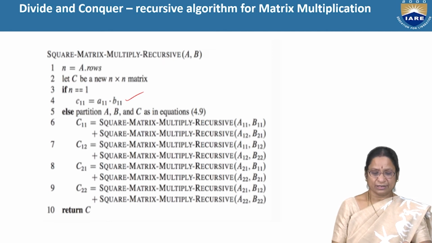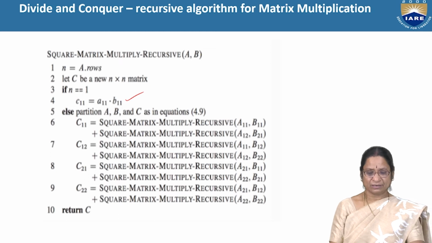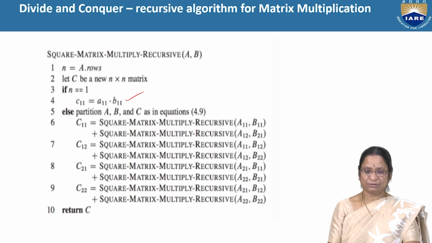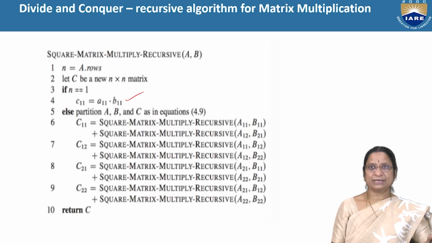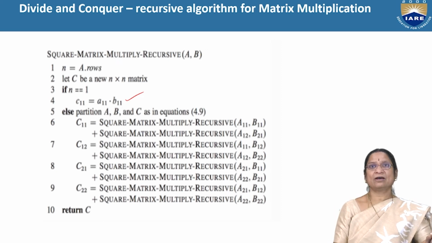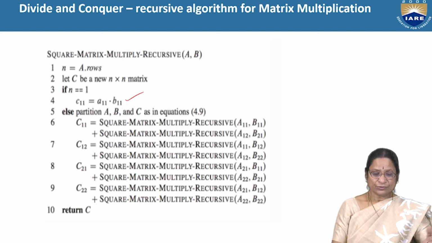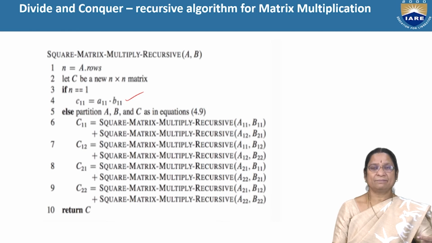So we are calling square matrix recursive on A11, B11, A12, B21, where A11, B11, etc. are submatrices again. If it is reduced to 1, it is directly multiplied, otherwise the recursive process is continued.